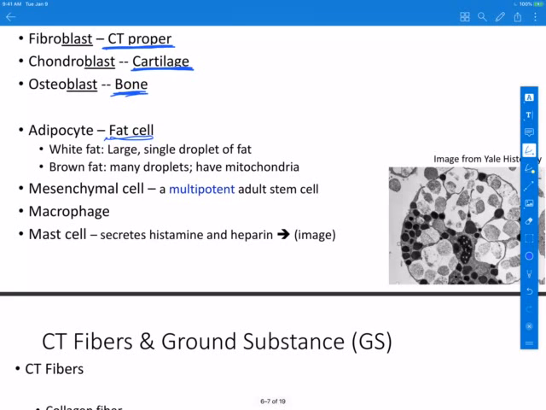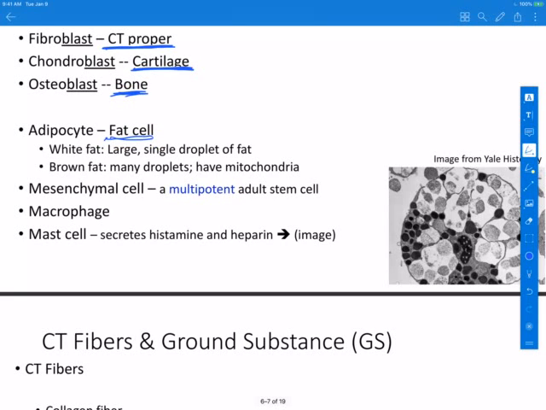Now, mast cells are found in connective tissue proper, and there is a picture of one at the right. What makes them easier to identify is the fact that they have granules in their cytoplasm, and you can see the granules as little dark spots. They are responsible for creating the allergic response in people.